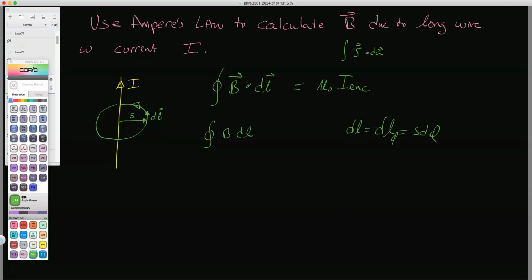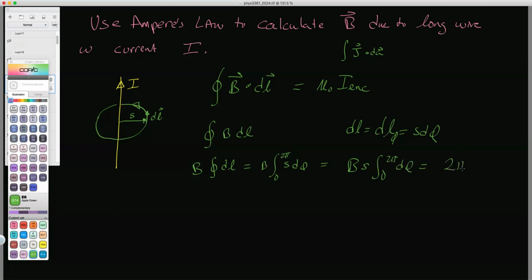And I can pull B out of the integral because it's the same everywhere along the loop. So it becomes B times the integral of S d phi, integral 0 to 2 pi, which becomes BS times the integral from 0 to 2 pi of d phi, which is just 2 pi.